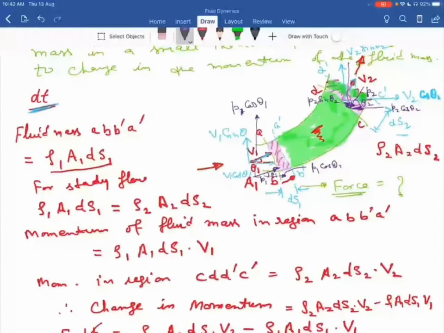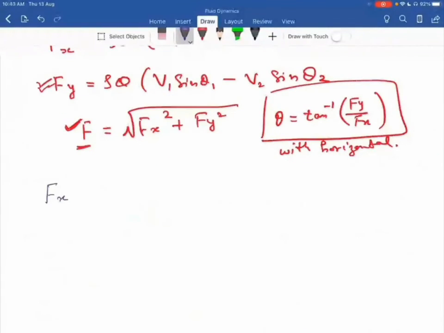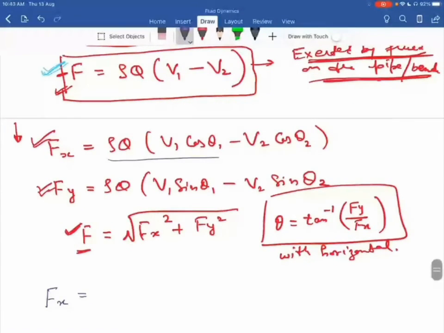ठीक है? So on the same lines, the difference of pressure force along x and y direction you have to consider under force. So that means if I try to write Fx while considering the effect of pressure also, the velocity momentum component is rho Q (V1 cos theta 1 minus V2 cos theta 2), then the component of pressure.